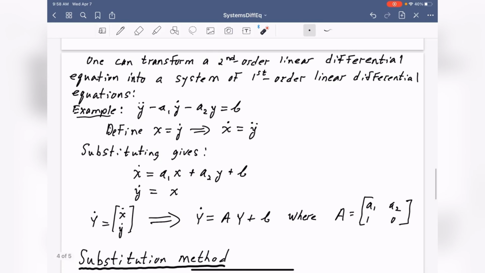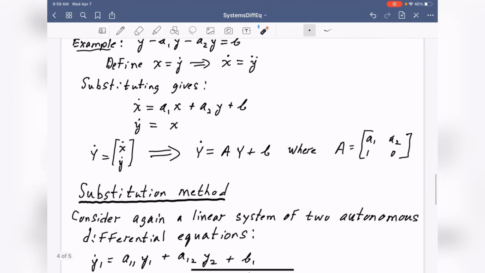Substituting that into this expression here, we get x dot equals, moving this onto the other side, a1 x plus a2 y plus b, and y dot is equal to x. So we can rewrite that in this form here, where this big Y dot is equal to the vector (x dot, y dot), and we get this expression here, where A is given by that matrix.